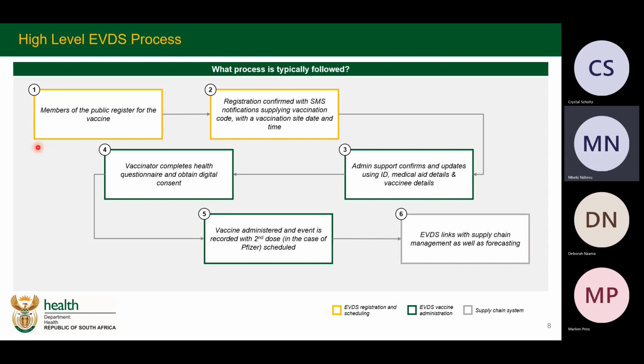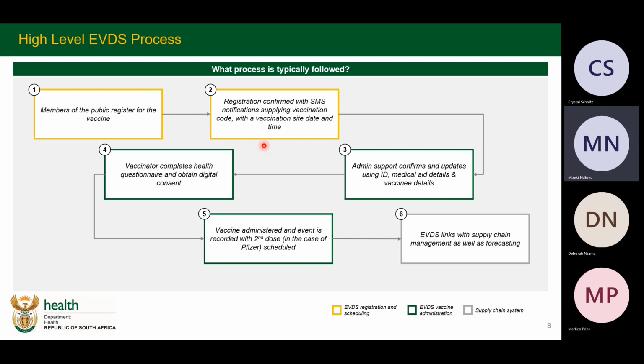The specific information about how to register is found on the SA coronavirus.co.za website. Now, once members of the public have registered, the next step is the registration gets to be confirmed with SMS notification supplying vaccination code with vaccination site, date and time.